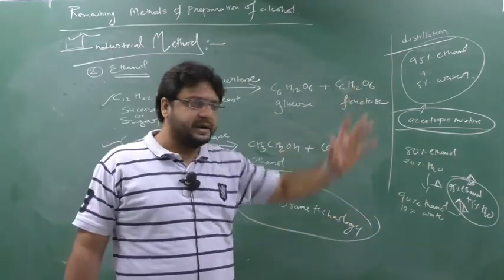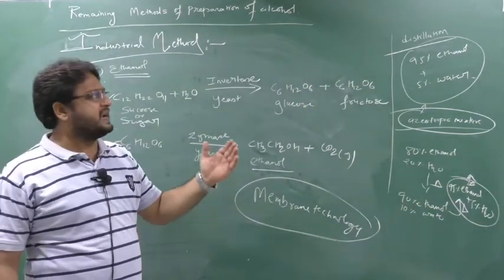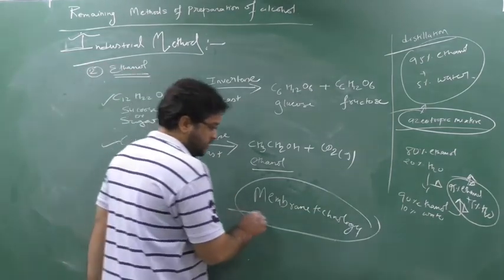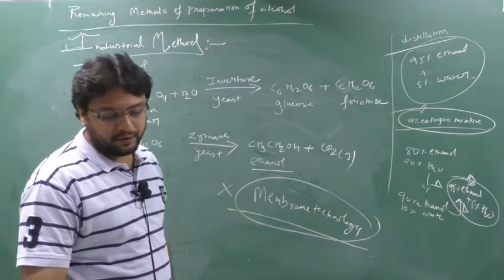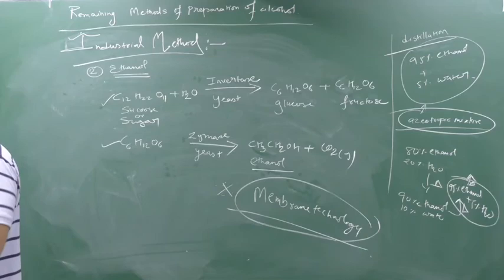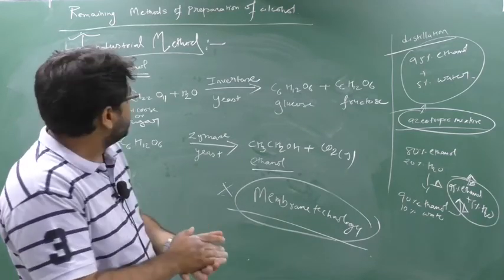From that, further purity of ethanol, nearly 99.9%, can be obtained. From where? Membrane technology. Please remember, this is also a very important MCQ. Clear? Written? Okay.